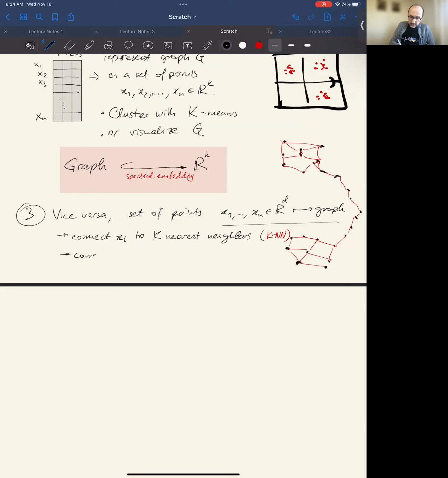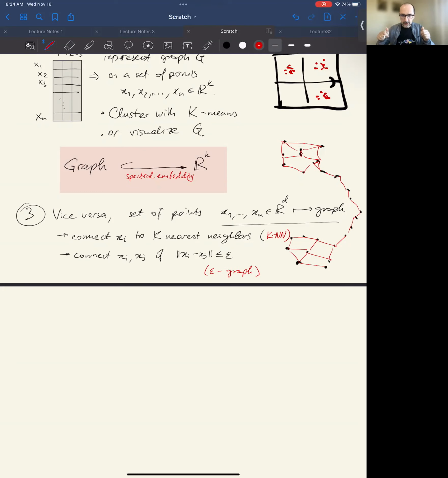Or a slight variation of this, you can connect xi to xj if, so all points that are close to each other, if the norm of xi minus xj is less than epsilon. This graph is called the epsilon graph. So either you connect the nearest neighbors, no matter how far or how close the neighbor is, or you just connect the points that are within a fixed distance from each other. It's a slight variation of the same idea.